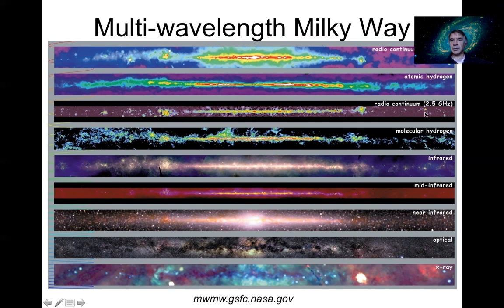You can convert those to wavelengths, but this is basically meter wavelength. This is more centimeter wavelength radio continuum. Here's your atomic hydrogen, which is the 21 centimeter line emission that we talked about. Molecular hydrogen, but this is actually a map of carbon monoxide, which traces molecular hydrogen. And then you've got 3 different infrared bands. You've got the optical, so we saw these 2 in the lecture already. And there's an X-ray one here as well.